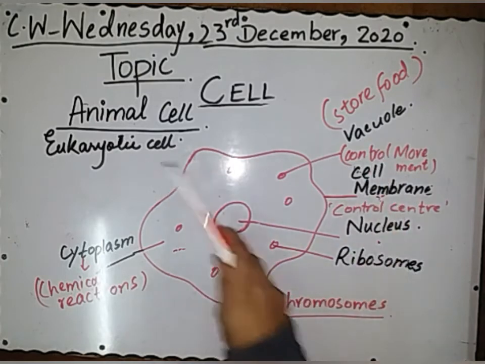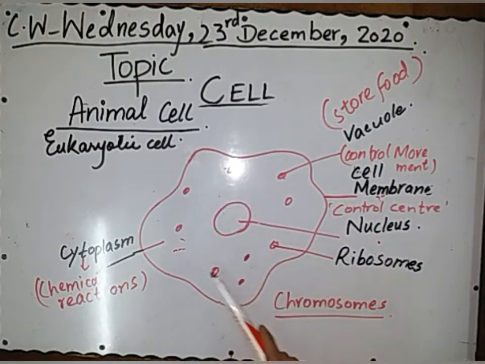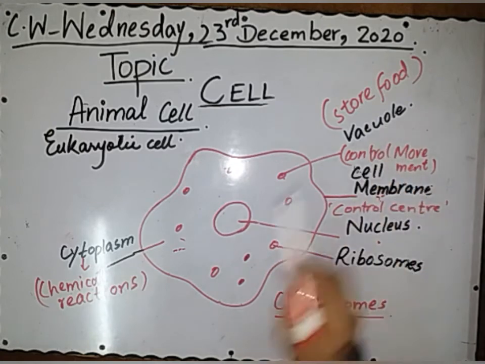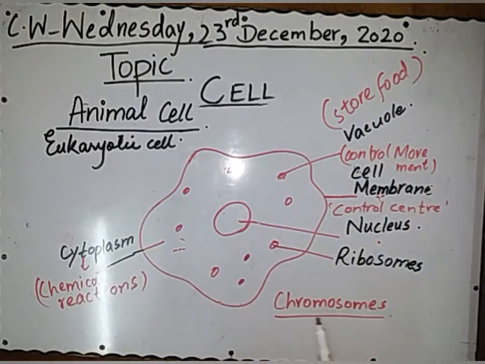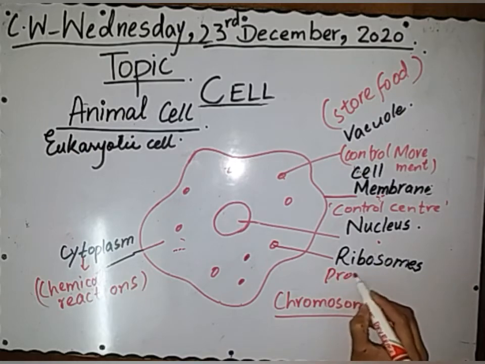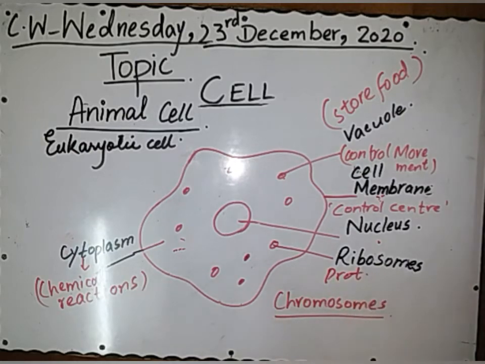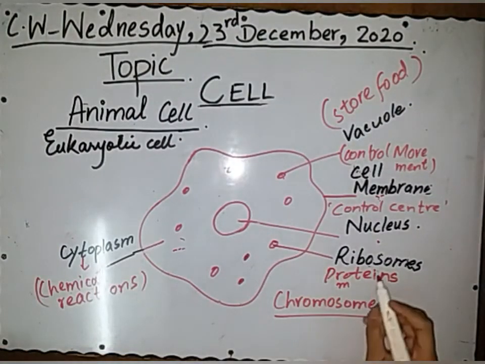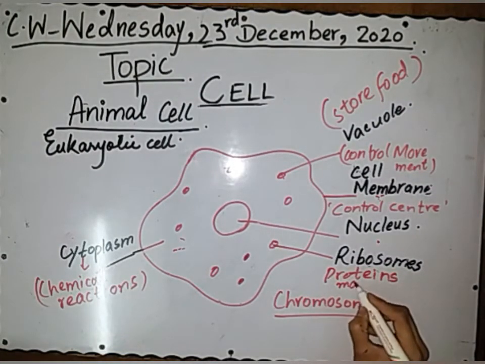And in animal cell there are small and numerous vacuoles, where the number of vacuoles is large. Next is ribosome. Here the ribosomes are present whose function is to make the protein. So the ribosomes are the protein manufacturer.